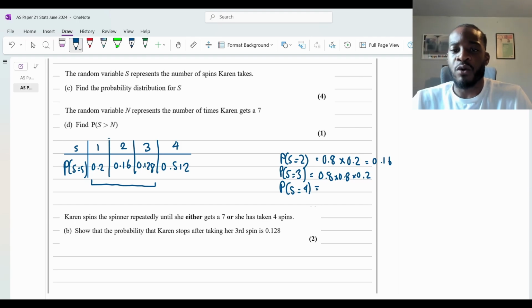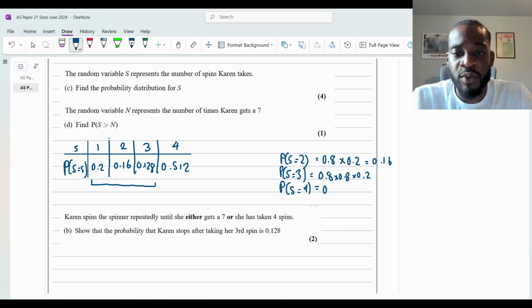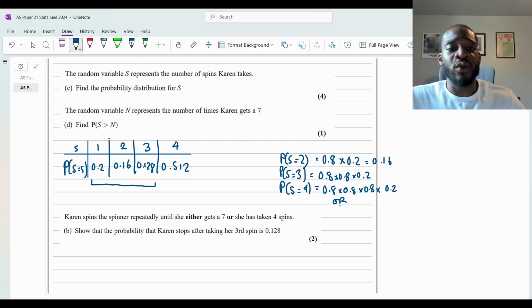The first way is, if I get the 7 on the fourth go, that would mean I'd have 0.8 missing the 7 on the first, 0.8 missing on the second go, and then 0.8 missing on the third go, and then eventually getting it on the fourth go, right? That is one way you can get 4 spins.